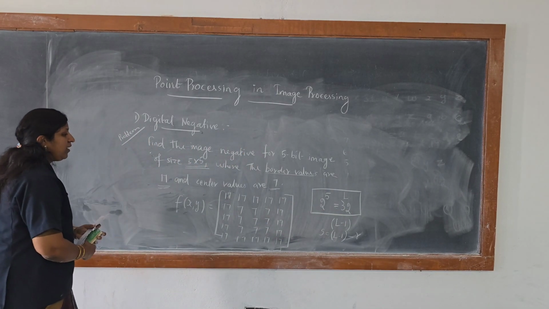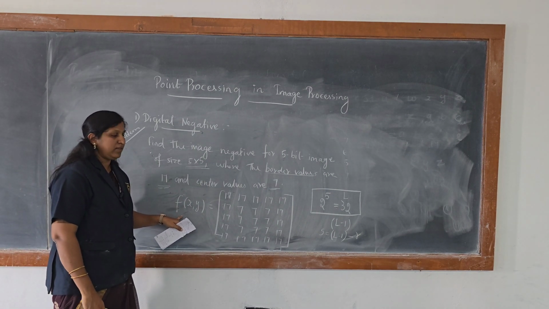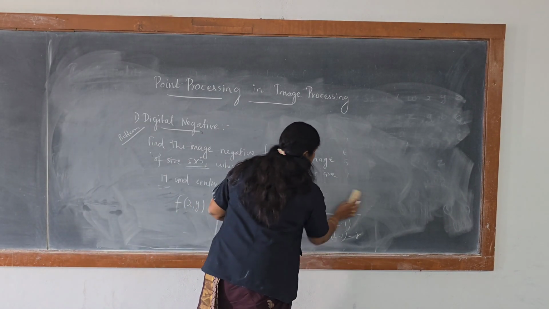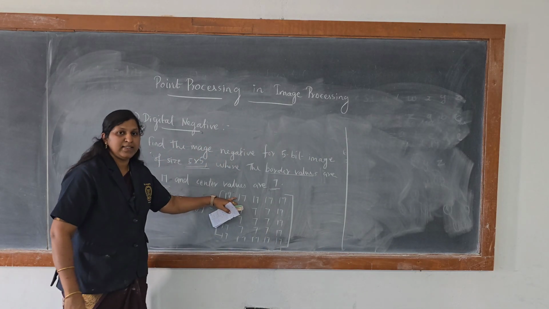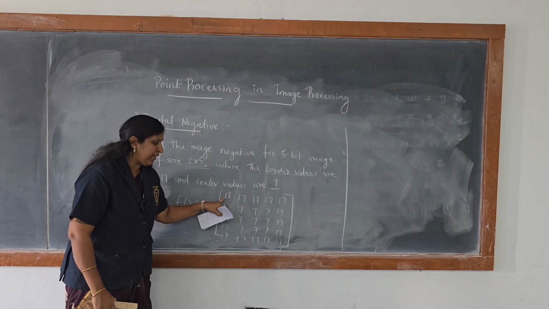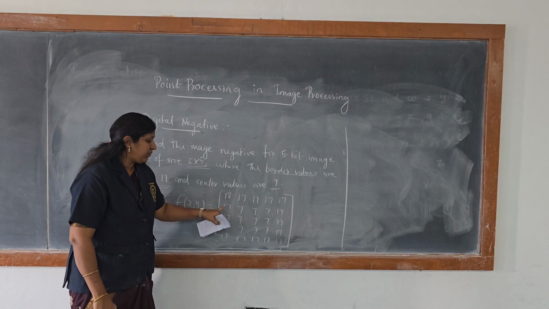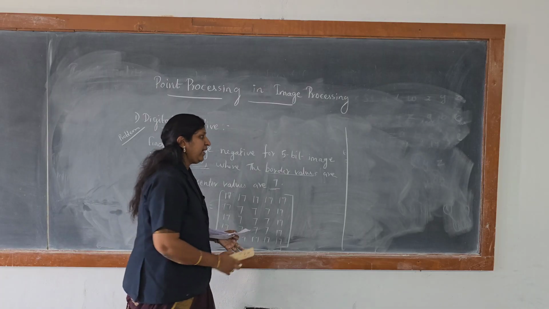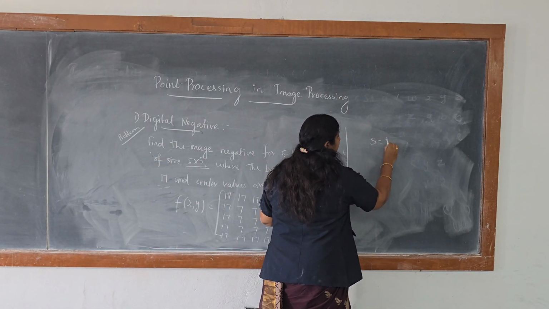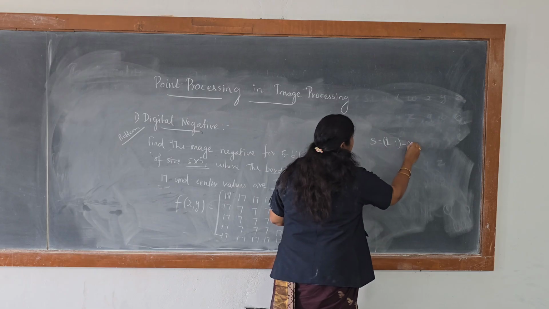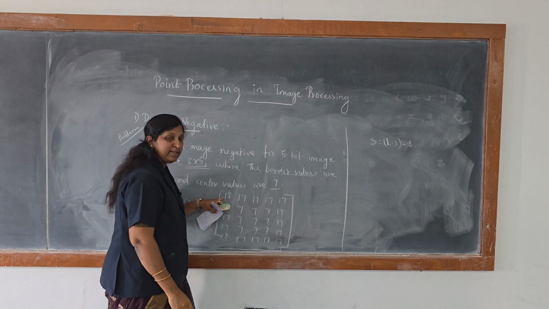Okay. So, how can you find the transformed output image? Here only two intensity values are there, 17 and 7. Okay, we need not calculate one by one because only two values are there. So the relation is S is equal to L minus 1 minus R. Okay, so here the R values are 7 and 17.